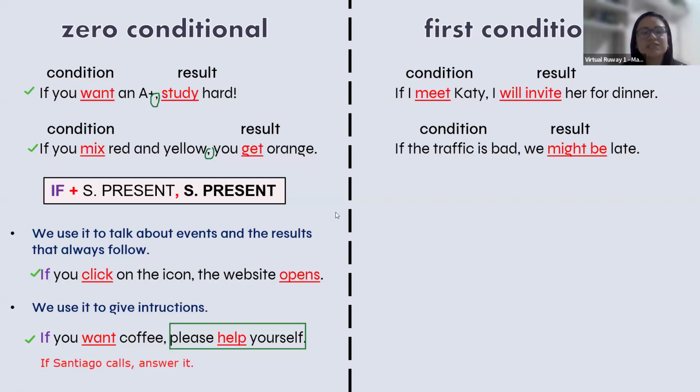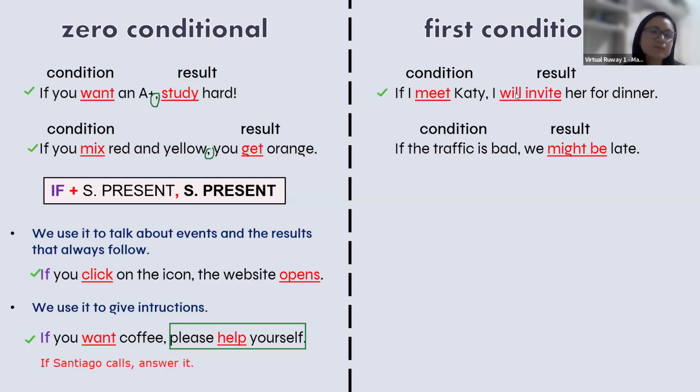So, zero conditional, I think it's clear. Let's continue with the first conditional. In the first conditional, we see a variation in the part of the result, right? Let's see the examples. If I meet Katie, I will invite her for dinner. Ah, el resultado ya no me dice I invite, sino I will invite.